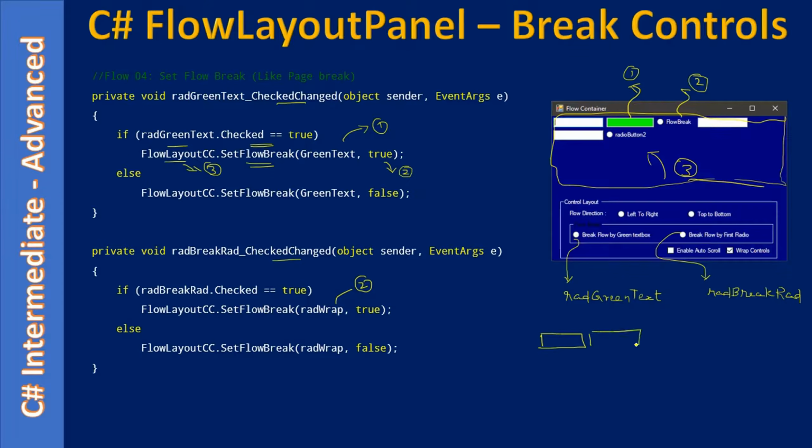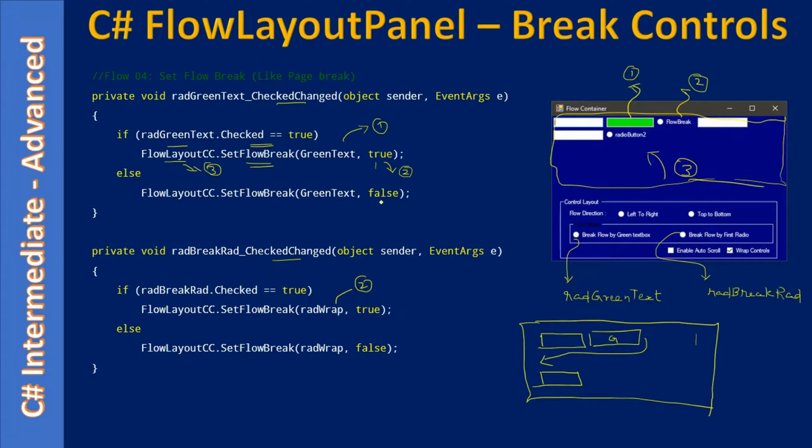This one is the green colored text box, and since we are setting the break to true, the remaining controls go to the next line. Let's say that this is our panel. So even though there is room to accommodate this control in the first line, the break happens. So the break is forcibly done using the SetFlowBreak method.